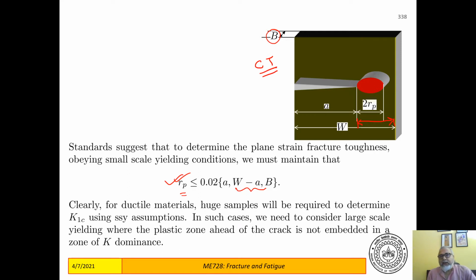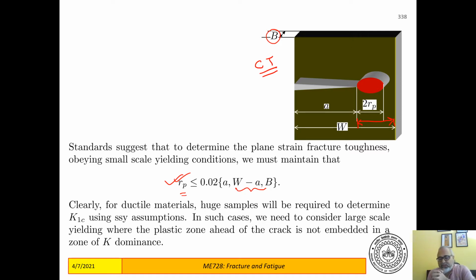So you have to relax it, which means you have to allow the plastic zone sizes to be large, use thinner, smaller samples so that plastic zone sizes are large, interacting with the boundaries of the sample.